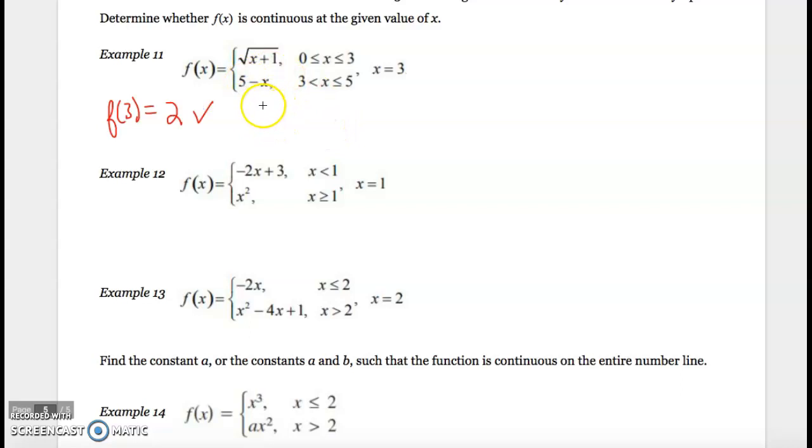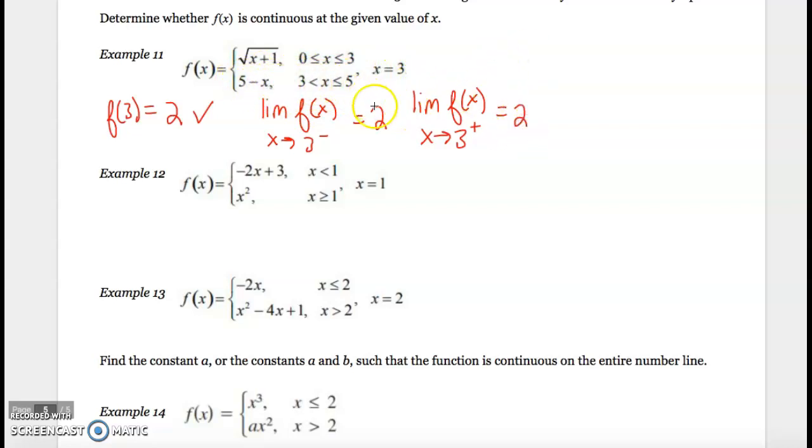Then I'm going to check to see if my limit exists, and I'll have to check my left and my right hand limits, because it's a piecewise function. My left hand limit would use the top equation again, because that's for values less than 3, so slightly less than 3. So my left hand limit would be 2, and then my right hand limit would be, if I plug it into the second piece of my piecewise function, for values slightly greater than 3, I would get 5 minus 3, which is 2 again.